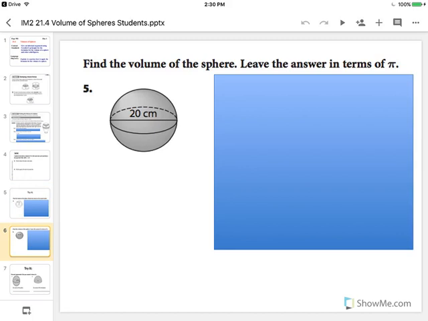Let's try number 5. Find the volume of a sphere, leave the answer in terms of pi, so do not change pi into 3.14.